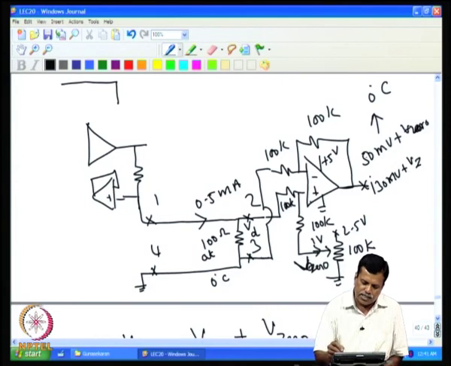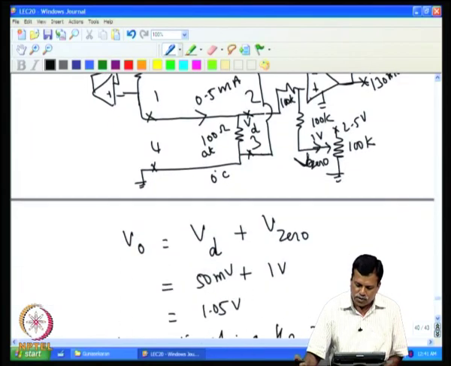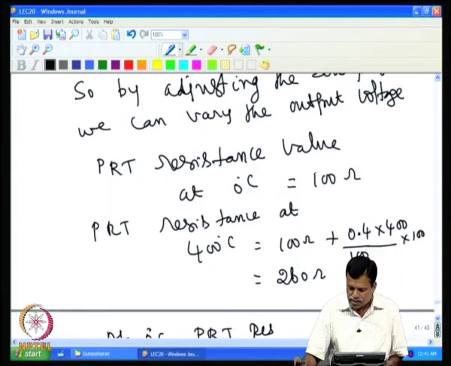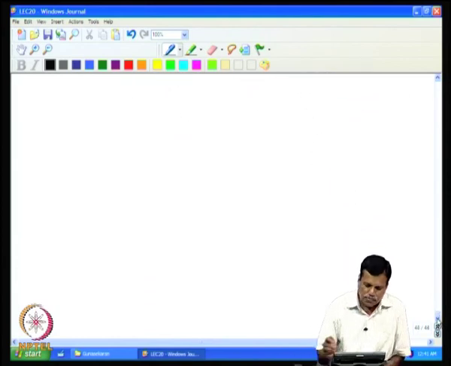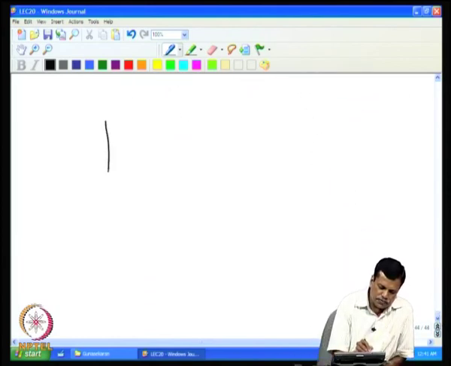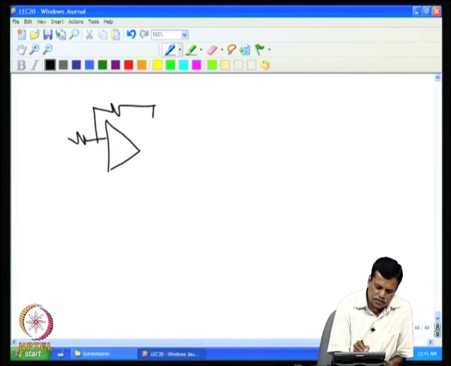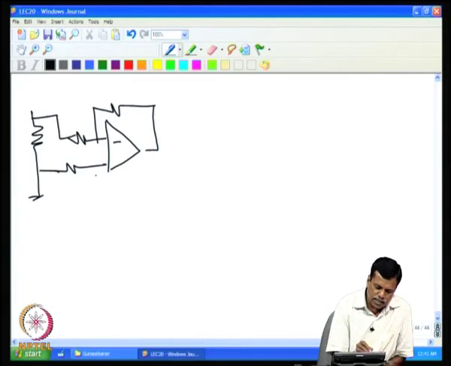Now, the next stage is this voltage to be converted into 4-20 milliampere current. So, this is to be connected to the next stage, which is the current converter stage. So, I will redraw this circuit now. This is the output of this difference amplifier, this is where the PRT is, and the PRT terminals are connected here, and this is where the PRT zero part is connected.